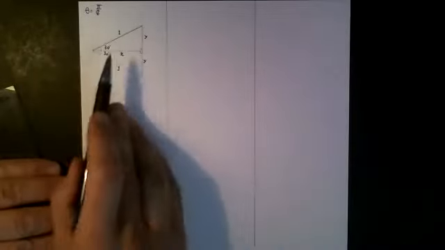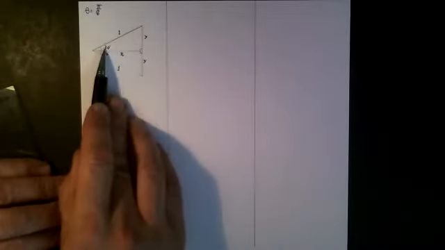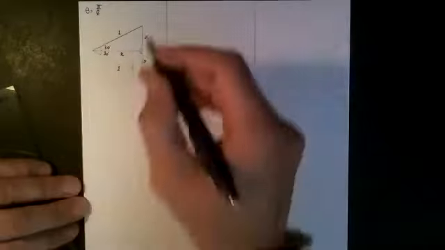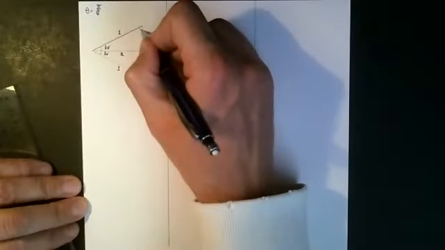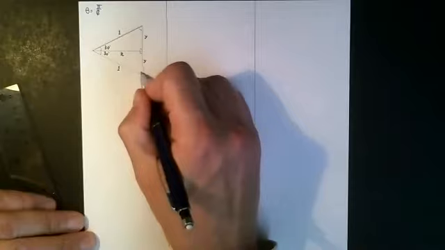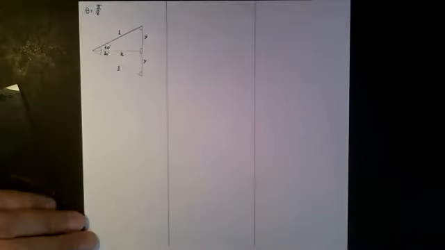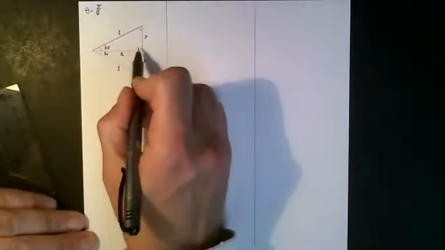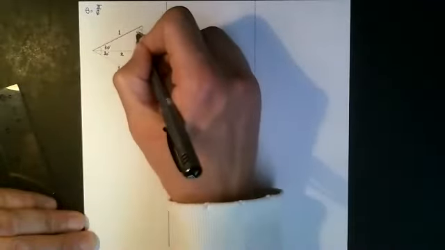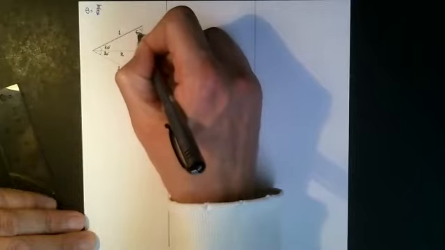So what else can I conclude here? Look at the top triangle. 30, 90. How much is this angle here? How much is this angle? It's 60. Yeah, right? 30, 90, 60, because the sum of the angles in a triangle has to be 180.